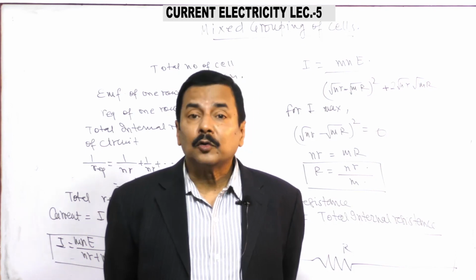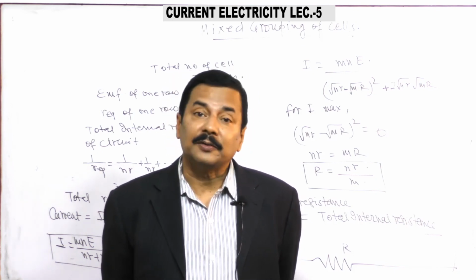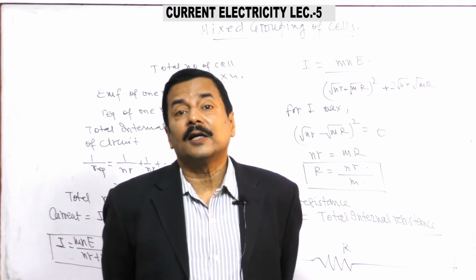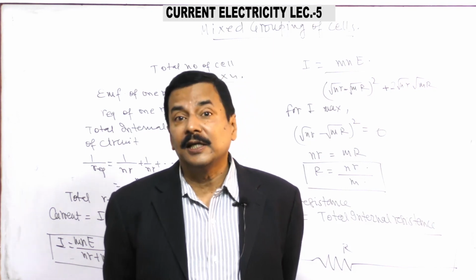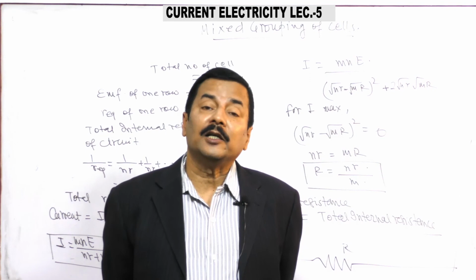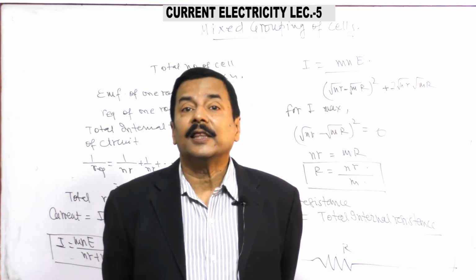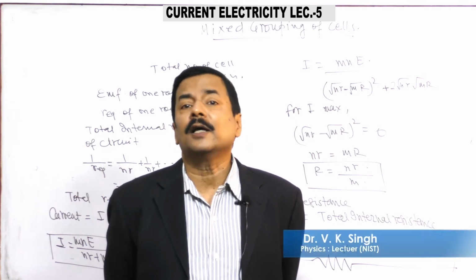In mixed grouping, what is the condition for maximum current? In series grouping, we have seen that the external resistance should be very large. In parallel combination, the external resistance should be very small, and in mixed combination the external resistance should be equal to the total internal resistance of the circuit.